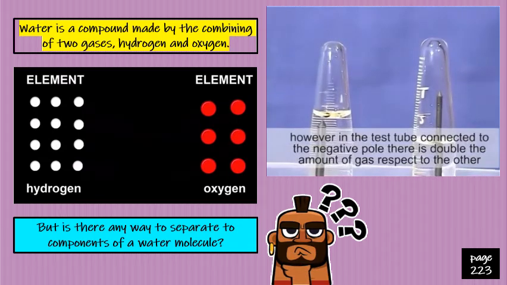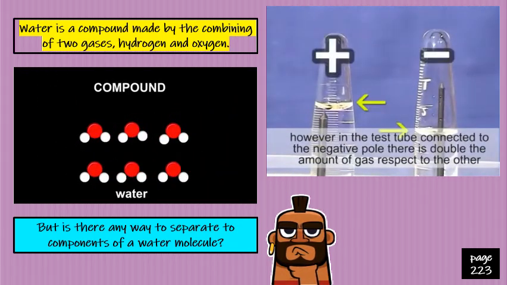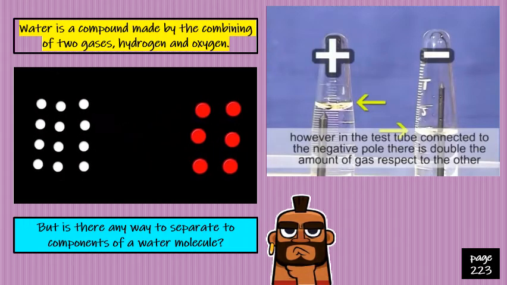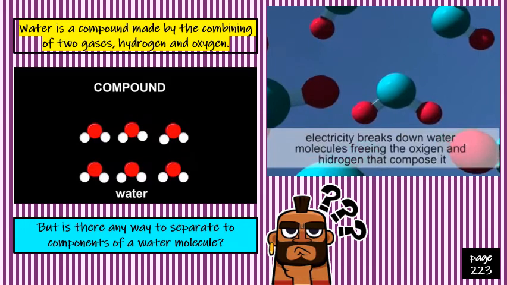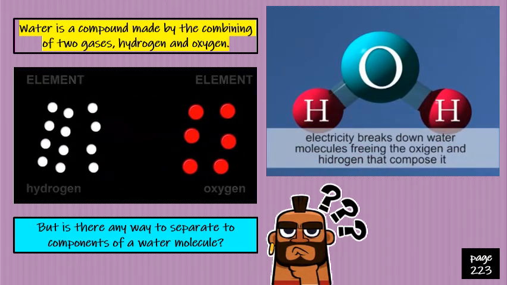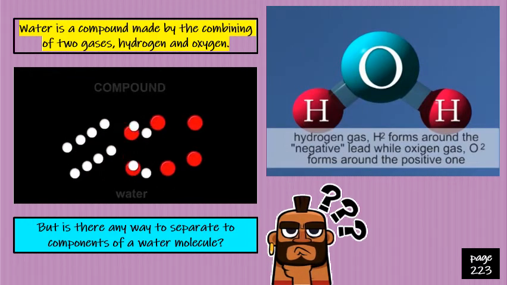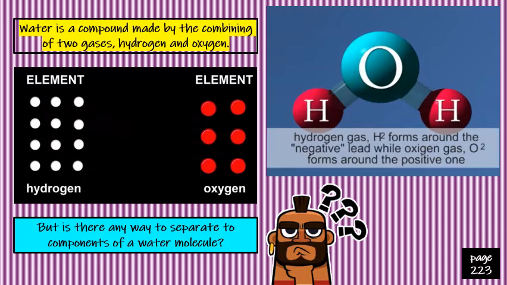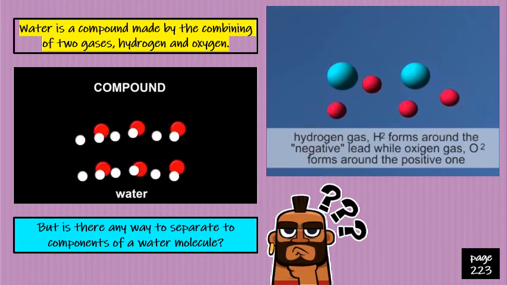However, in the test tube connected to the negative pole, there is double the amount of gas with respect to the other. Why? Electricity breaks down water molecules, freeing the oxygen and the hydrogen that compose it. Hydrogen gas, H2, forms around the negative lead, while oxygen gas, O2, forms around the positive one.